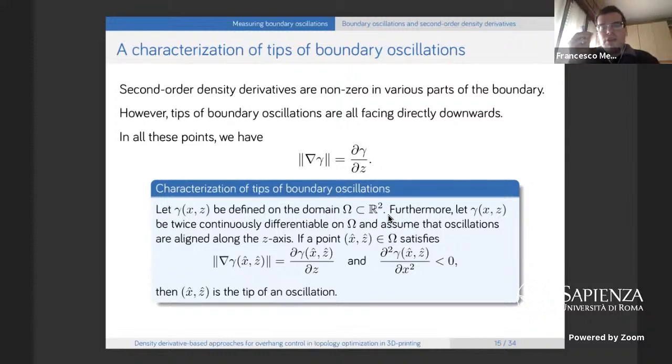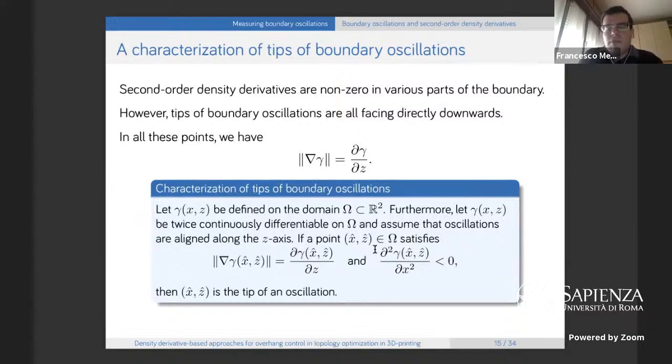And in these regions, the gradient of density will be directed exactly upwards, exactly along the build direction. And at this point, we can find the characterization which allows us to identify only the tips of oscillating boundaries.